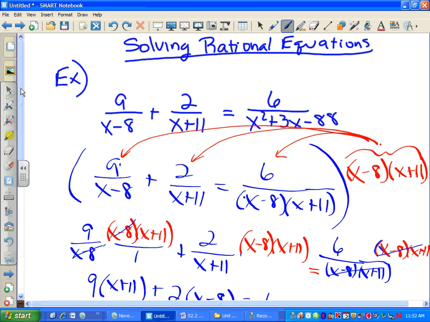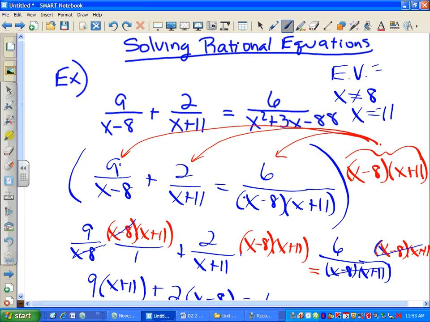And we call those our excluded values. I say EV for short. Our excluded values would be, and I put it this way, x cannot equal 8, because if it did, this first fraction would be undefined, and I can't do undefined plus anything, it wouldn't work. The second fraction, x cannot equal negative 11.